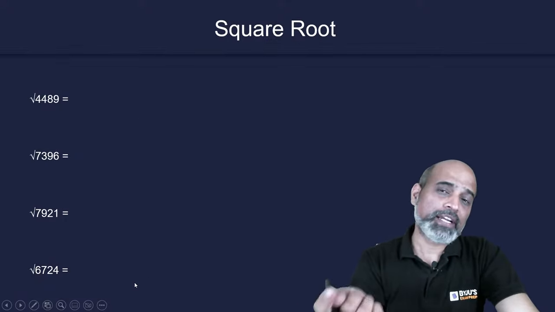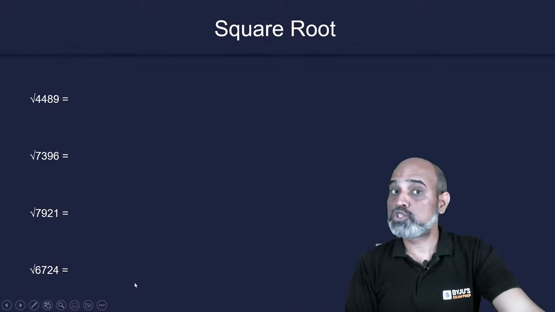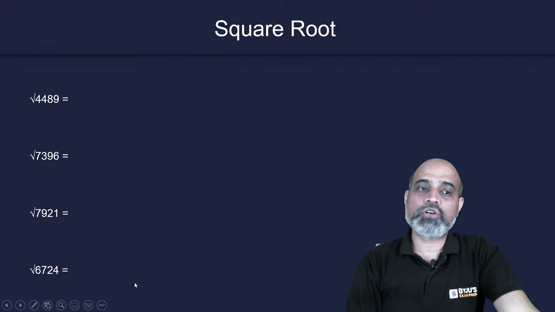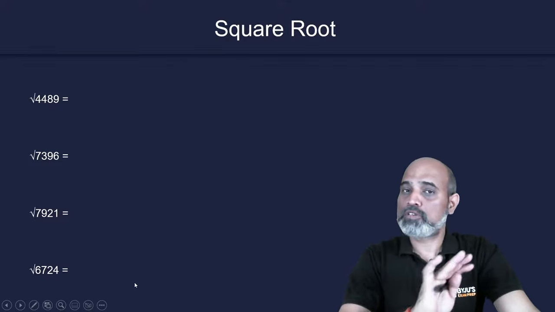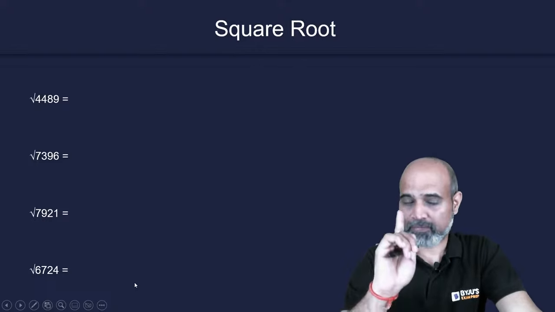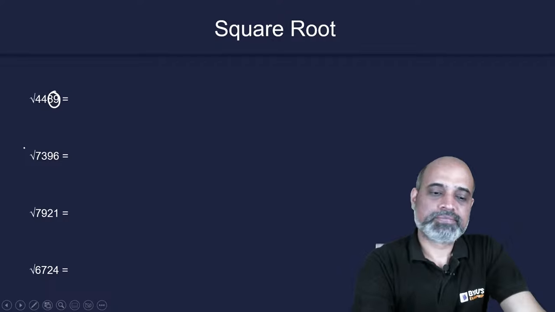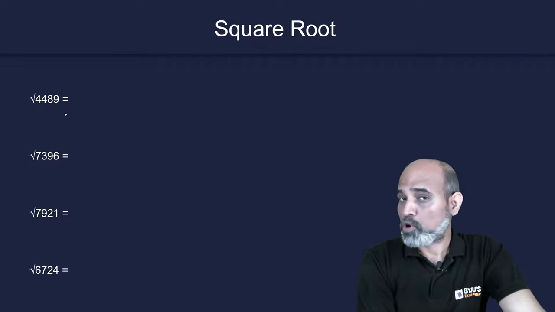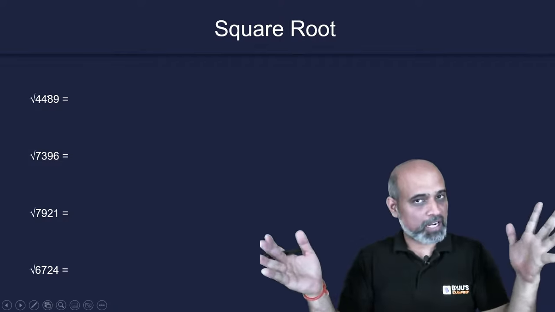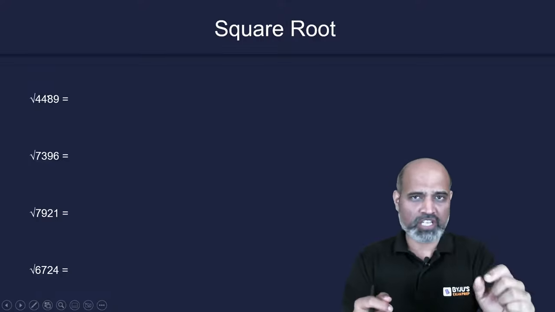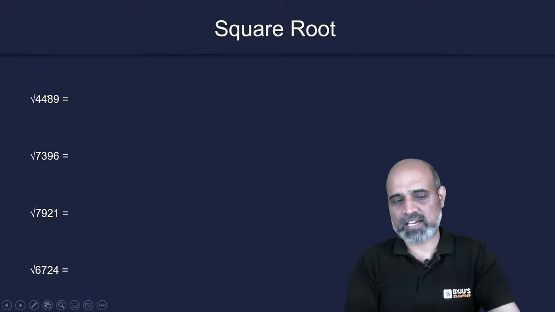Now, how to calculate the vice versa? How do we calculate the square root of it? The approach is simpler than the previous one, okay? What is the first step? Look at this 89. Doesn't matter how small or how large the number given to you is, you just look at the last two digits or just the last digit.